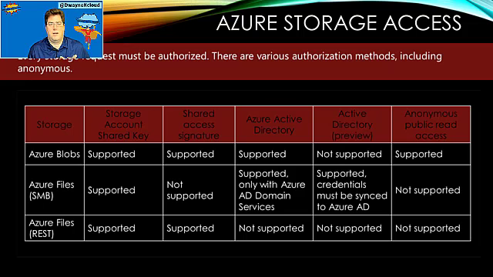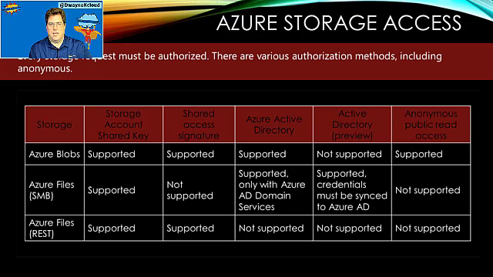Azure Files doesn't have shared access signatures. Azure Files works very much like a shared file server within your organization. You can set Azure Files up utilizing that SMB protocol for access, and again, utilizing Azure Active Directory. We can utilize it only with Azure AD Domain Services, though.